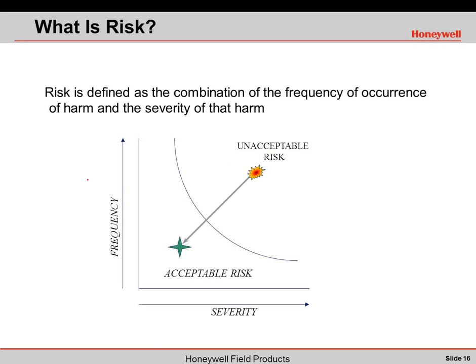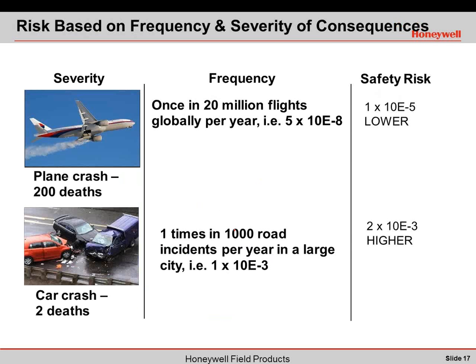So when we have an unacceptable risk, we either have too many occurrences of an incidence of harm, or the severity of even a low number of a particular incident would still give us too high of a level of harm. So as I said, risk is based on the frequency and severity of consequences.